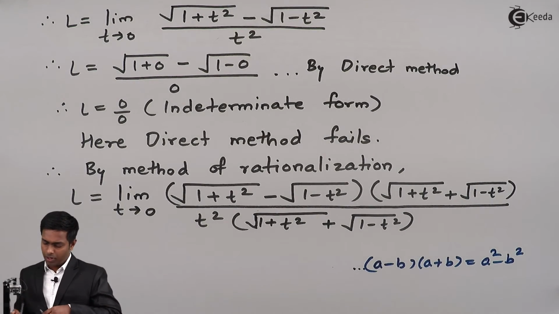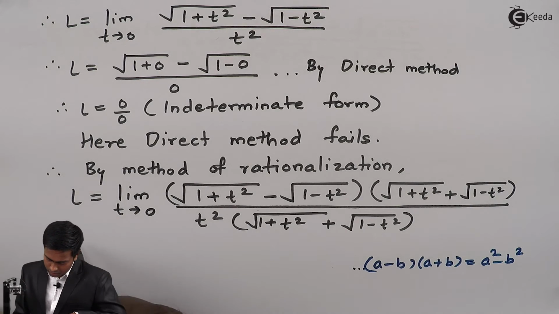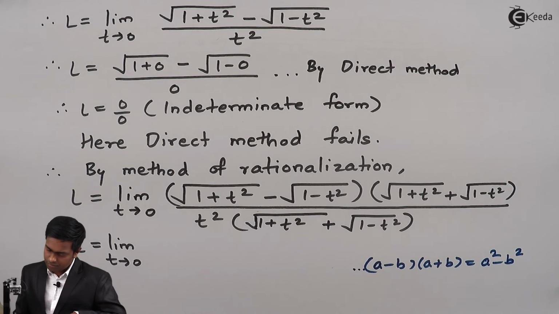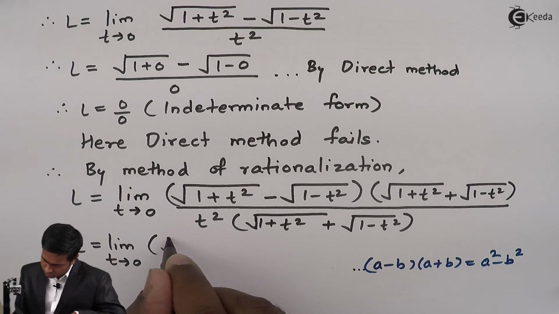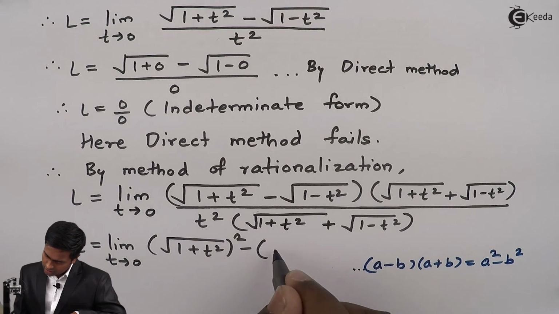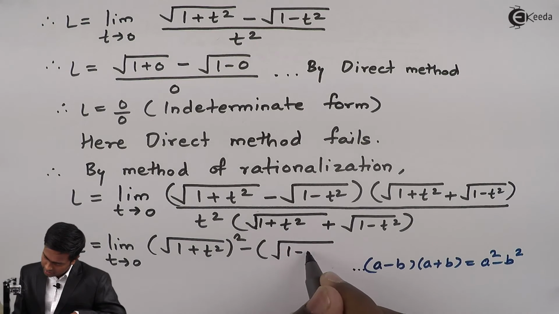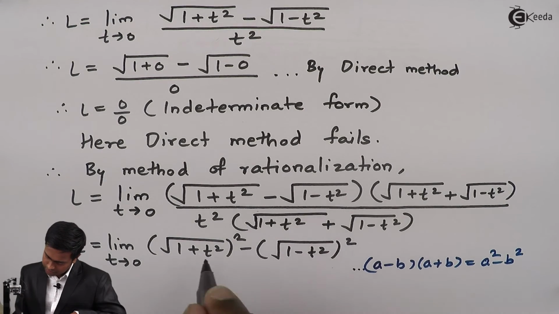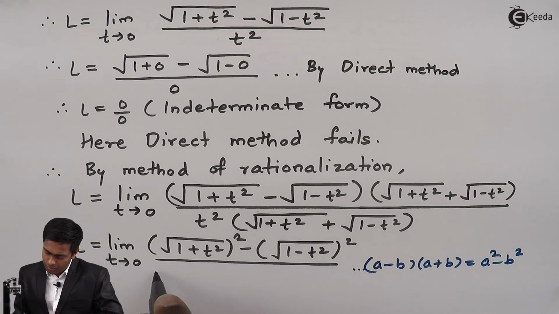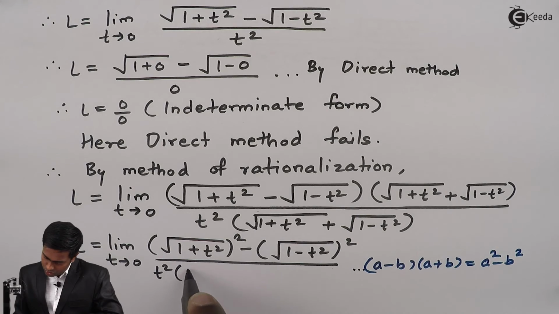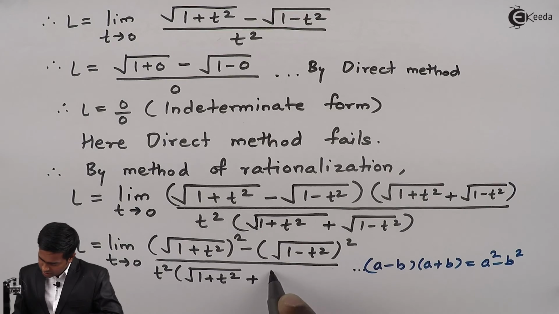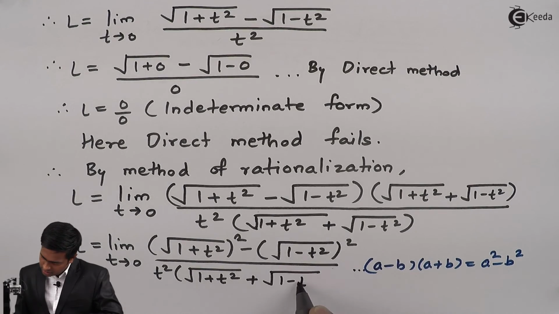By applying this formula, we get L as limit t tends to 0, square root of 1 plus t square the whole square minus square root of 1 minus t square the whole square, and the denominator will remain as it is. So t square into square root of 1 plus t square plus square root of 1 minus t square.